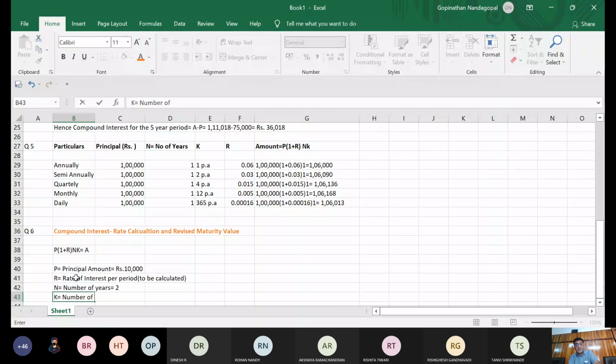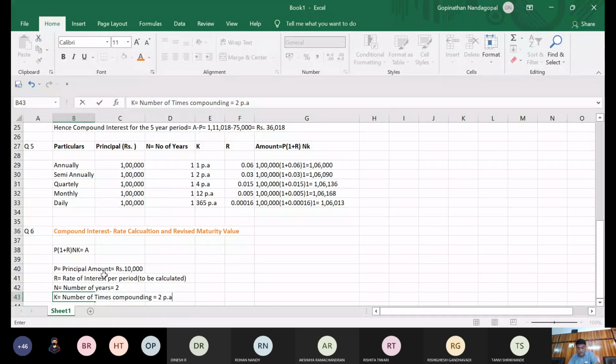All this we did yesterday in the previous class. Compounding. Number of times compounding. That is equal to, it's already given in the problem, 2 per annum. Yeah, because it says after 2 years.